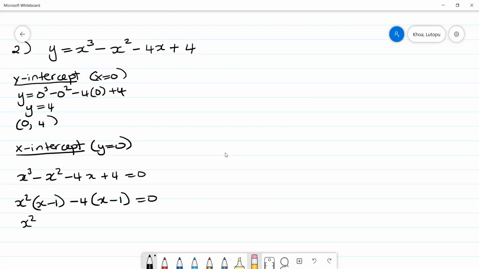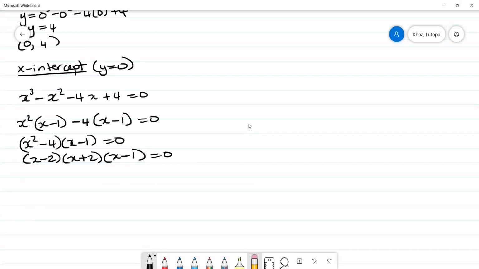So I have x squared minus 4 times x minus 1 is 0. We factorize x squared minus 4 using the difference of squares. We have x minus 2, x plus 2, x minus 1 is equal to 0. This means x minus 2 is 0, or x plus 2 is 0, or x minus 1 is 0.